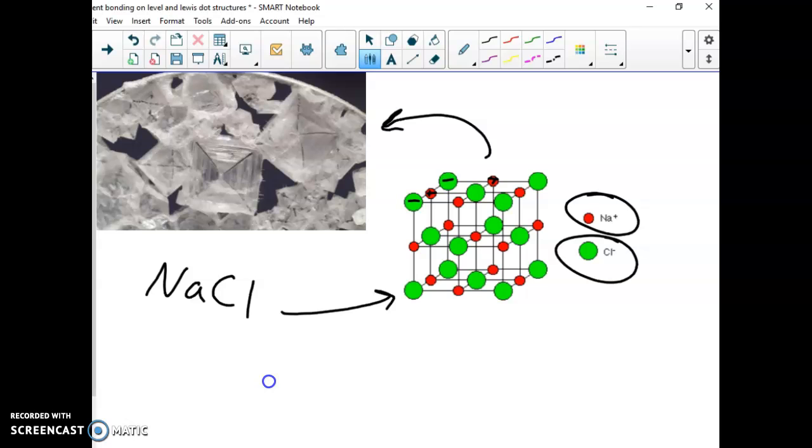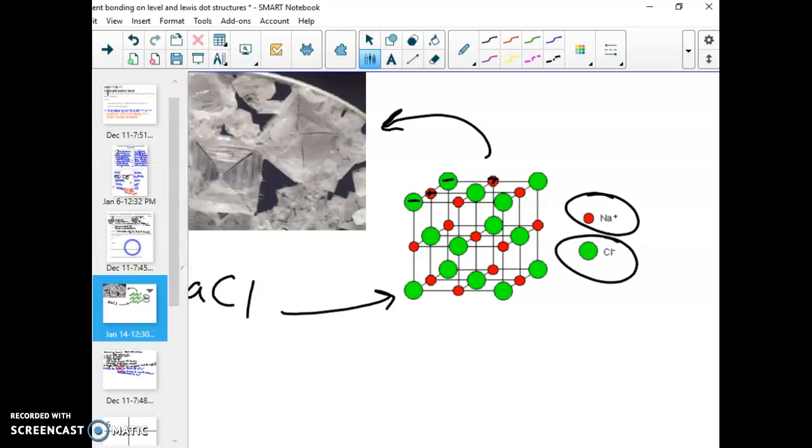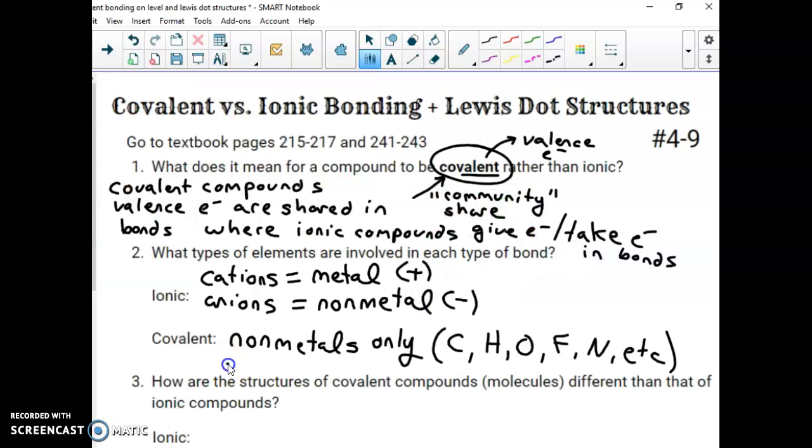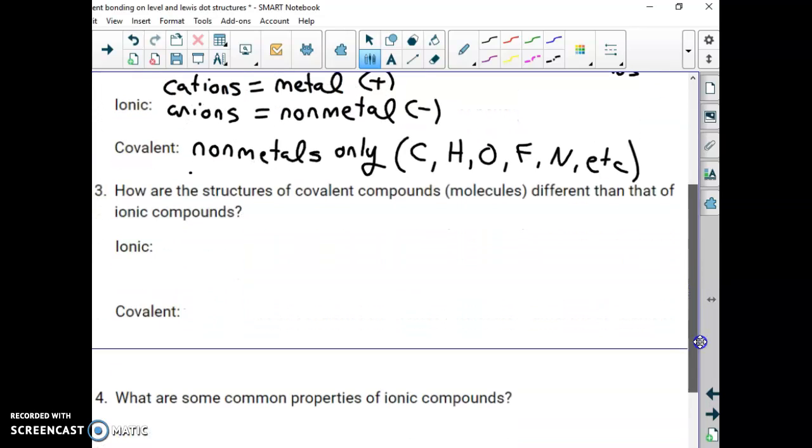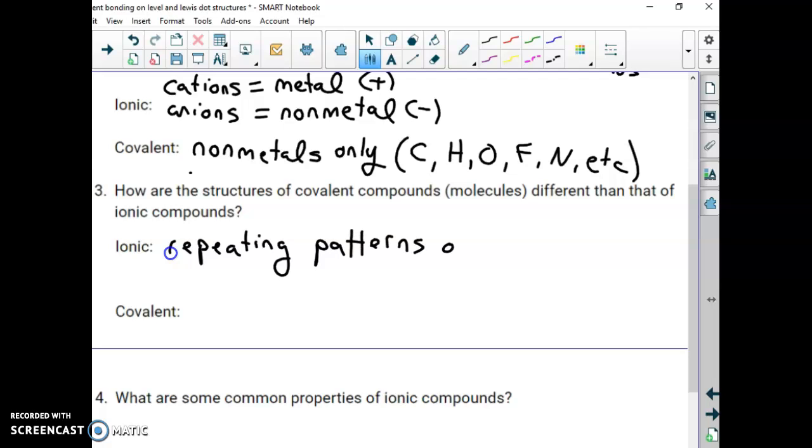So we can look at that and address that here. So when we look at ionic compounds, they are going to have these repeating patterns of your cations and anions.